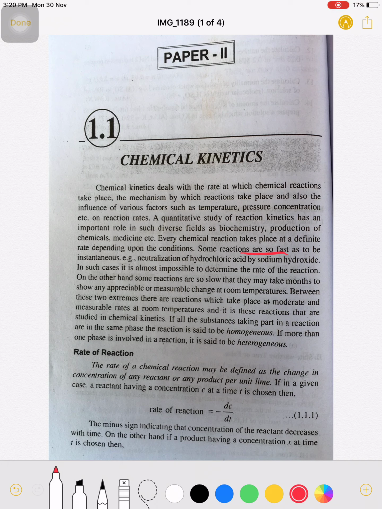They have given the example here, neutralization of HCl by NaOH. When you add HCl and NaOH, within a fraction of a second the neutralization reaction gets completed. You know this reaction, HCl plus NaOH, giving Cl minus and Na plus, and H plus and OH minus combine. The neutralization reaction takes place, and we get water along with the salt.